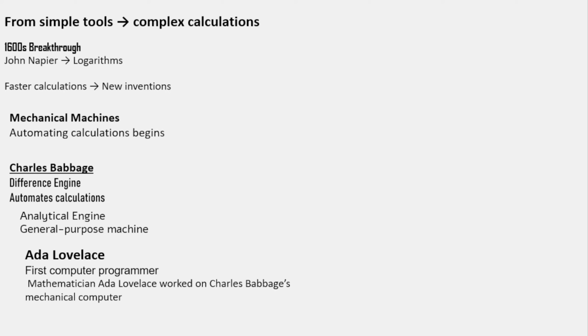At a time when few people truly understood Babbage's idea, Ada saw something remarkable in it. In 1843, she worked on translating a paper written by an Italian mathematician about the analytical engine.